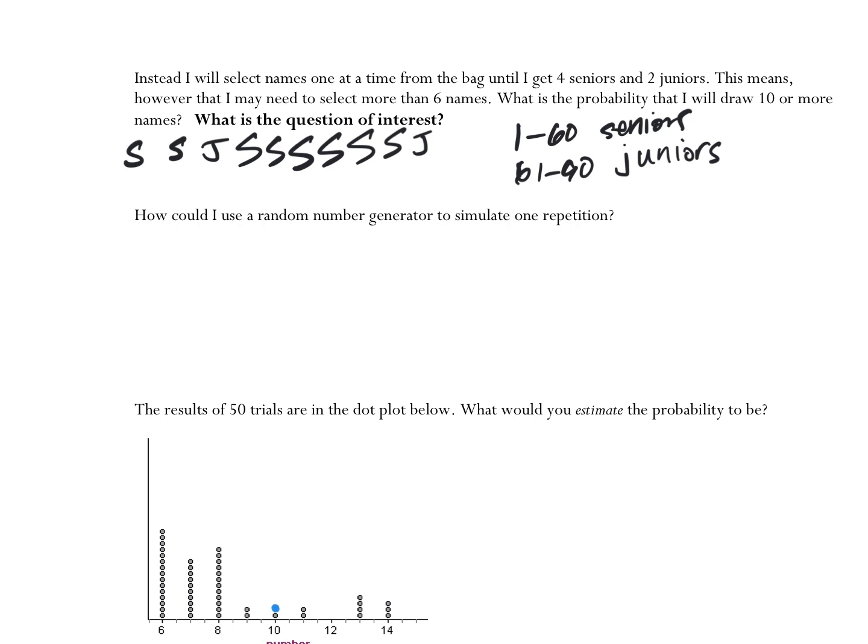All right, so what are we recording in this particular case? So we still have the 1 through 60 being the seniors, the 61 through 90 being the juniors. We're going to use a random generator without repeat.